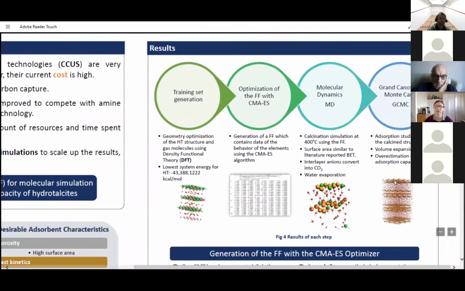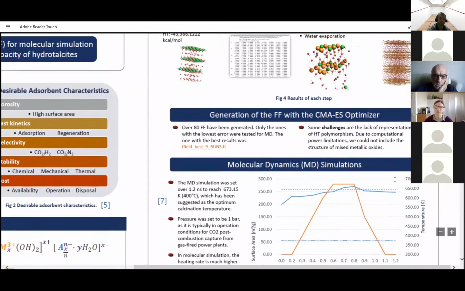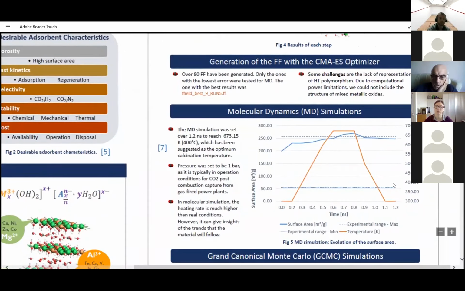As I mentioned, we have to heat up the hydrotalcite to about 400 degrees so that it is activated and it can capture CO2. And so we did that in the simulation. And in order to validate that, we tried to compare the surface area of our calcined material against the experimental data that we have, and it's actually in the range that we expected, like in the upper range.